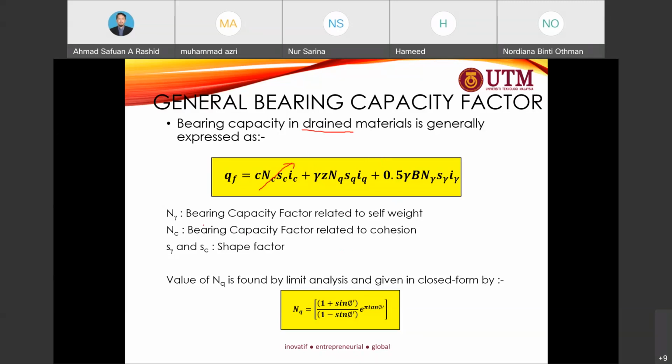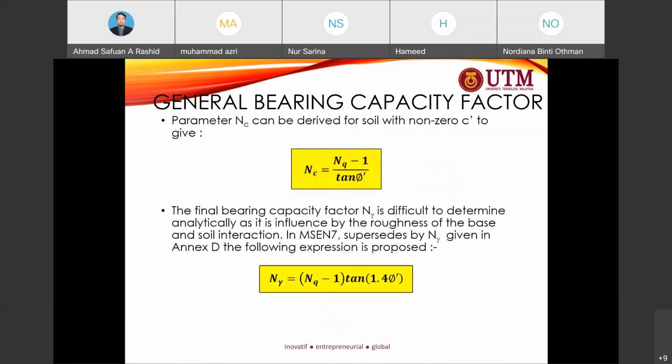So we have the bearing capacity factor related to self weight, the bearing capacity factor related to cohesion, and S gamma and Sc shape factors. The value of Nq is found by limit analysis and given in closed form. So this is the formula for the Nq. Then for the Nc we can use this formula, and also for the N gamma.